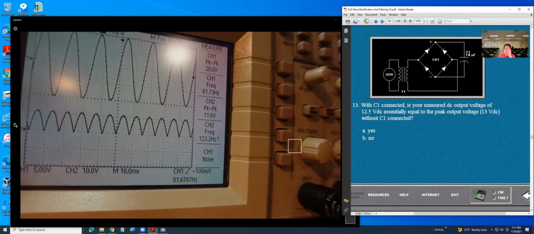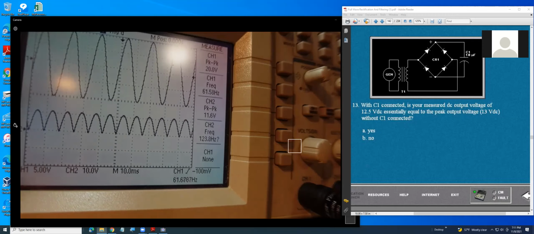So if you want the answer, I can tell you. If C1 is not connected, then technically you're not blocking any DC.